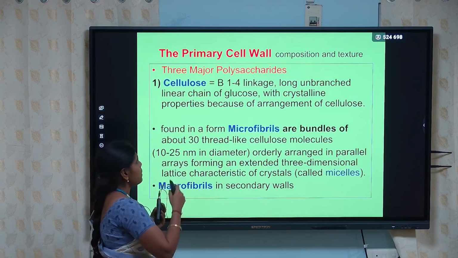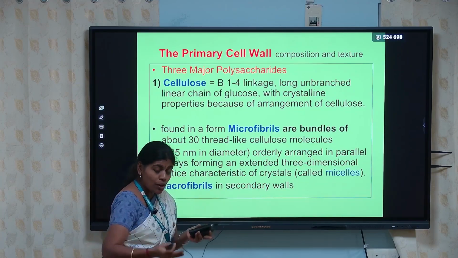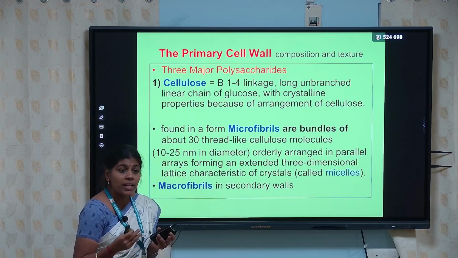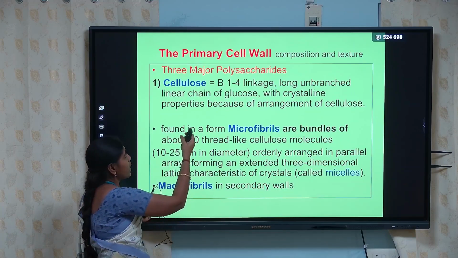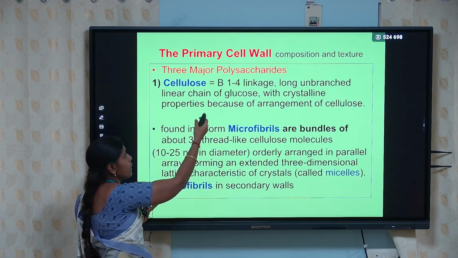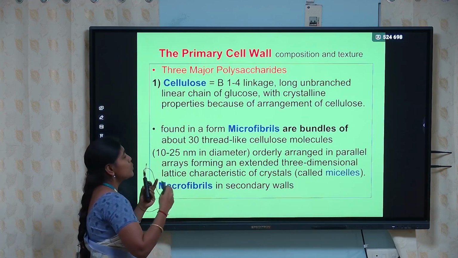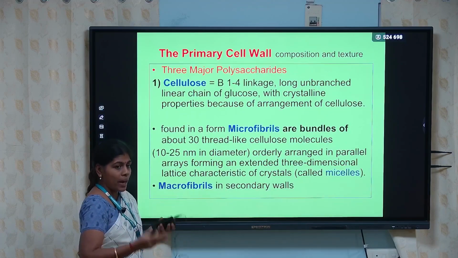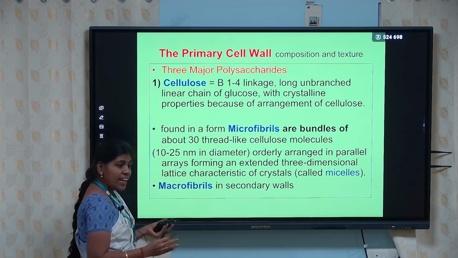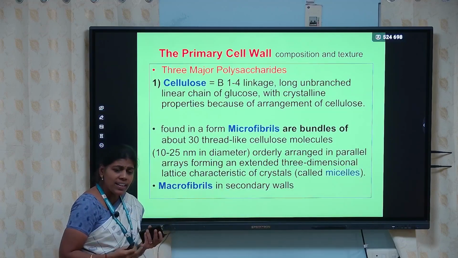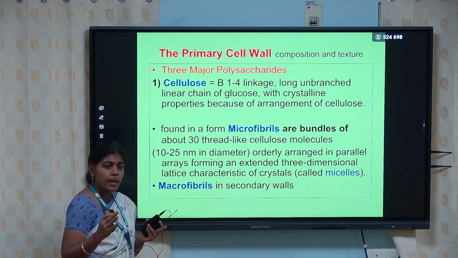And what is the primary cell wall? The structure of the primary cell wall is very interesting and complex. There are 3 major polysaccharides located in the primary cell wall. Cellulose is the main component. We learned the cell wall is made up of cellulose.